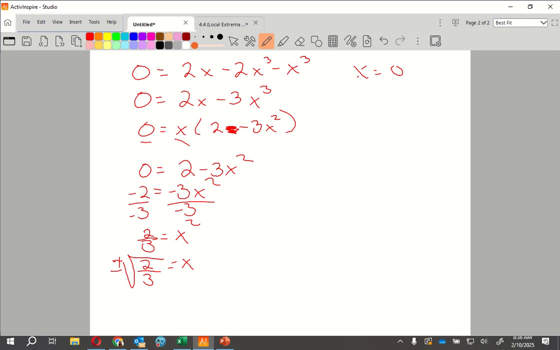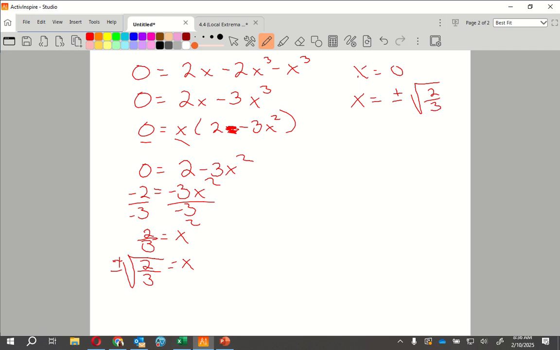So I have a whole bunch of critical points here, right? And that's from my first derivative. So I have a place in which my derivative is not equal to, it doesn't work in there, right?